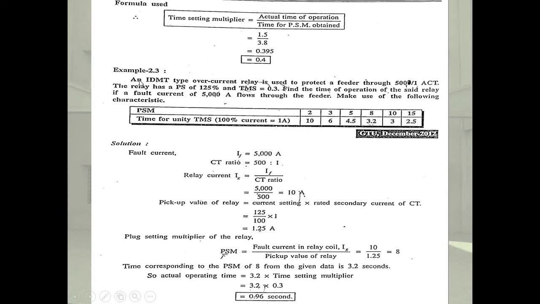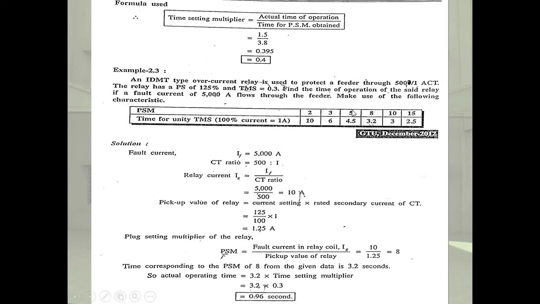Next, an IDMT type overcurrent relay is used to protect a feeder through a 500 by 1 ampere CT. The relay has a PS of 125% and TMS is 0.3.